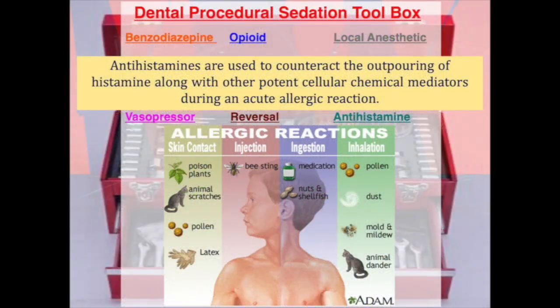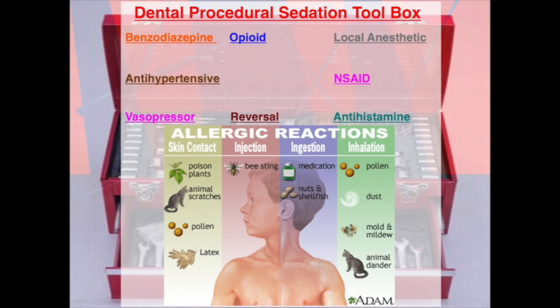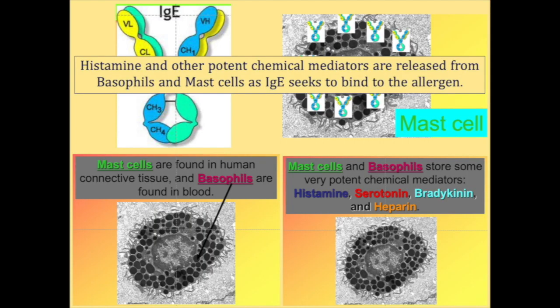Let's talk about antihistamines and the allergic response. We're going to talk about this lots more in some of your other lectures. Here are the different allergens that people can come across. The mast cells and the basophils have IgE attached to them, and there are granules of these antibodies from the B lymphocytes in your system.